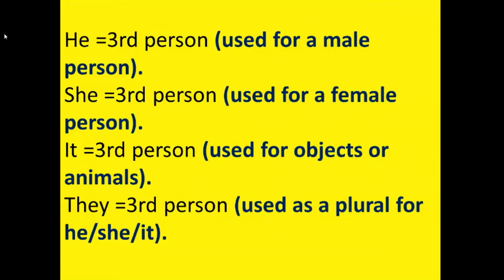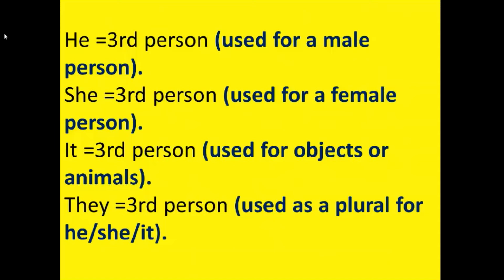Note that he is used for a male person, she is used for a female person, it is used for objects such as non-living things, for example, a book, a table, a pen, etc. They is used as a plural for he, she, and it.